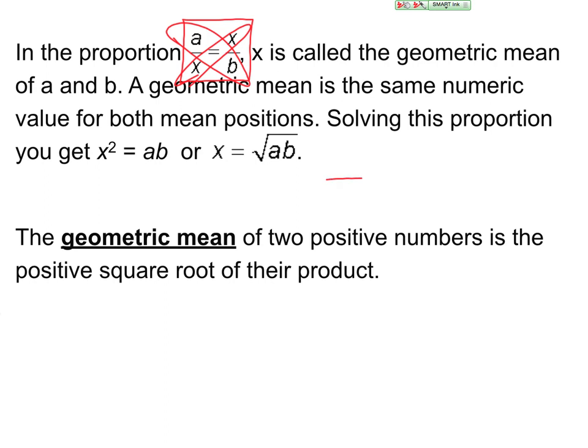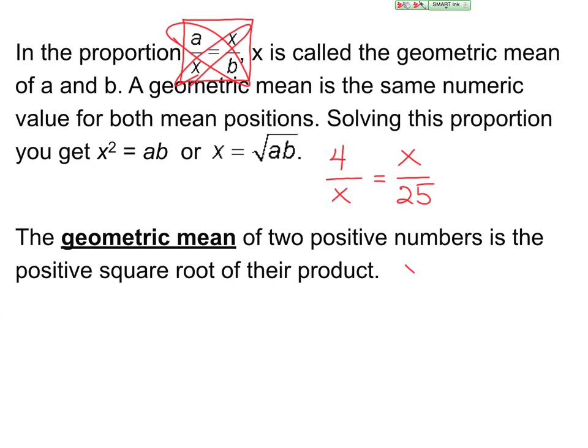So if I'm asking you, what is the geometric mean of 4 and 25? That would mean I'm looking for the same number both places in the mean proportion. 4 and 25 would be the two numbers in that proportion. If I were to solve that, just like what we were working on, wouldn't you cross multiply?